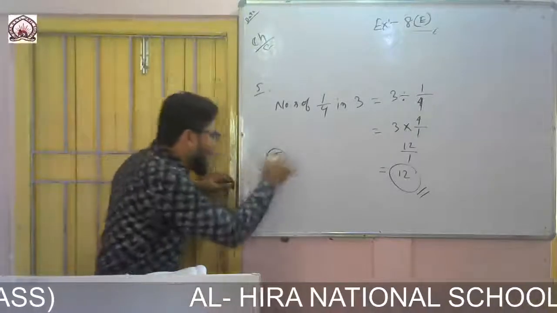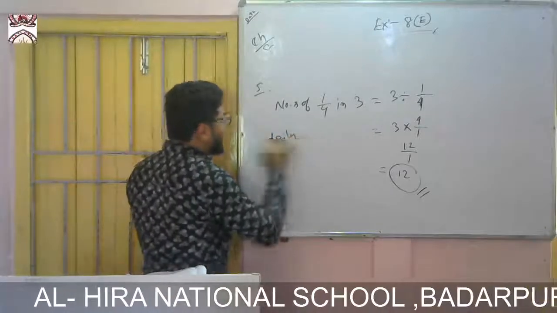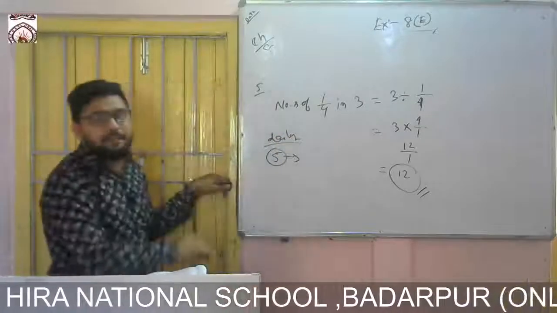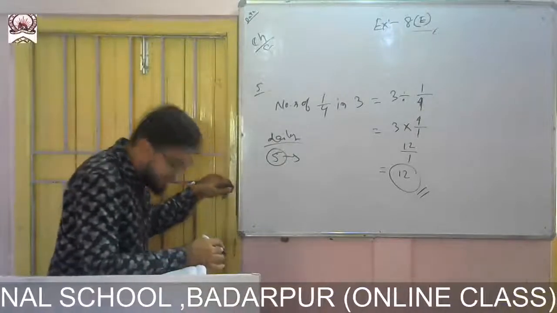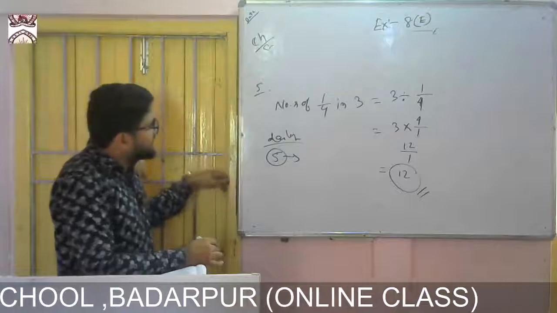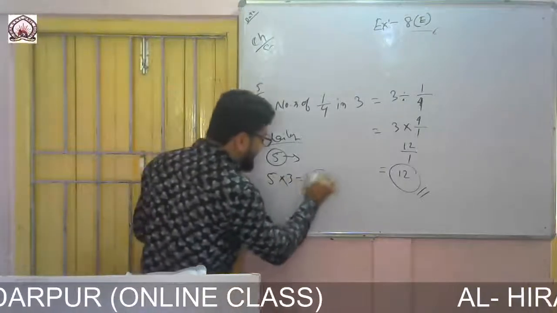So if you read 5 pages of your book daily, then how many pages will you read in 3 days? That is 5 into 3, it is 15 pages.